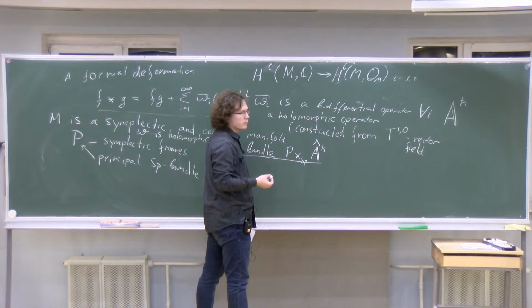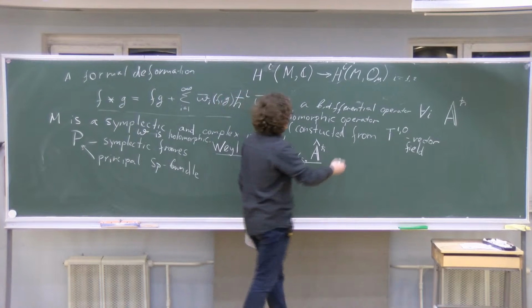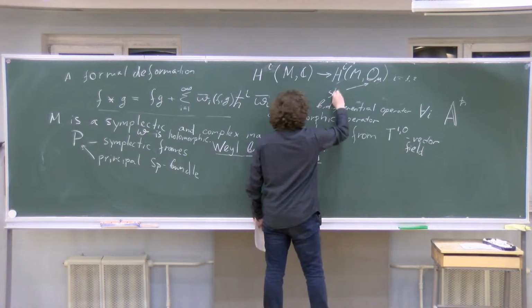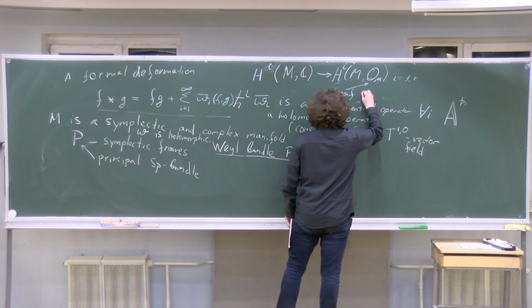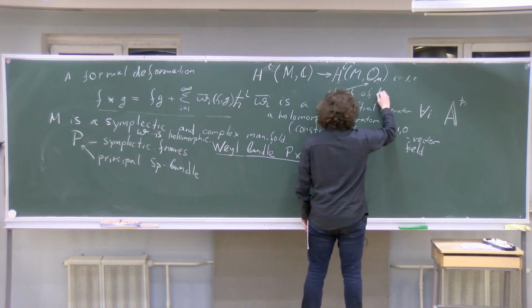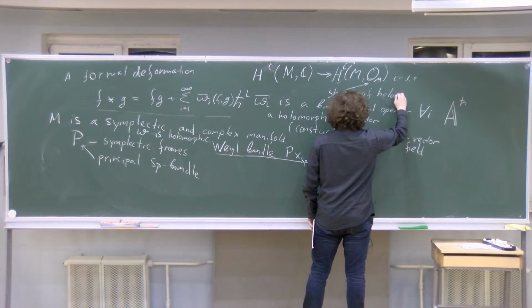But what is the right hand side? Did you give the definition? Yes, this is a sheaf of holomorphic functions. So does everybody know what is the sheaf of holomorphic functions?